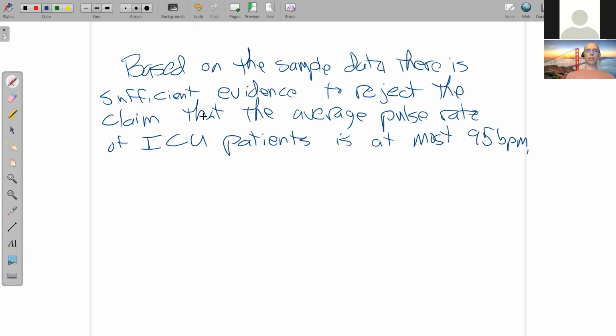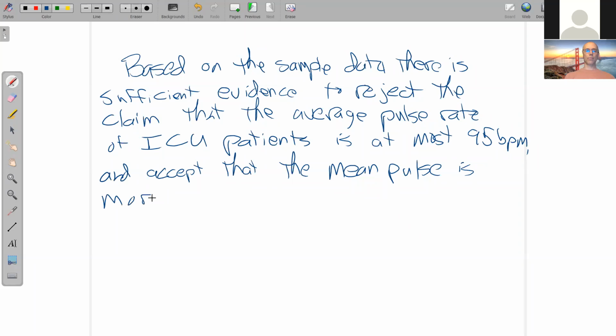So let's see, we reject the claim that it's at most 95 beats per minute and accept that the mean heart rate, pulse rate, to be consistent with what I wrote the first time, is more than 95 beats per minute. Okay, so it should look something like that.